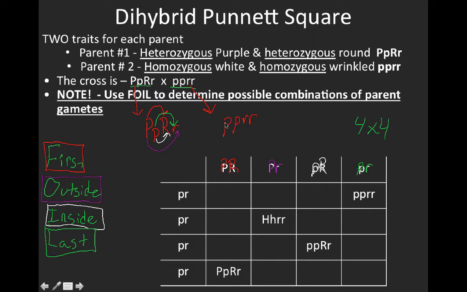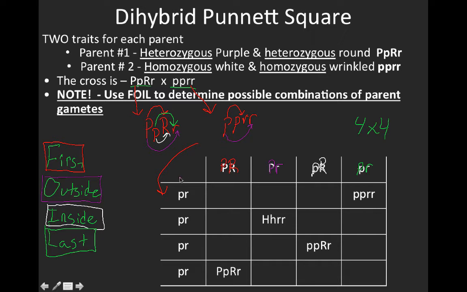And we'll go through the process again, but you're going to see that that's where all of these come from. All right. So go ahead and do the firsts. The first of each pair right there. Little p, little r, and then we go ahead and move to our purple, and then that's the outsides. So here's the little p and the little r there.